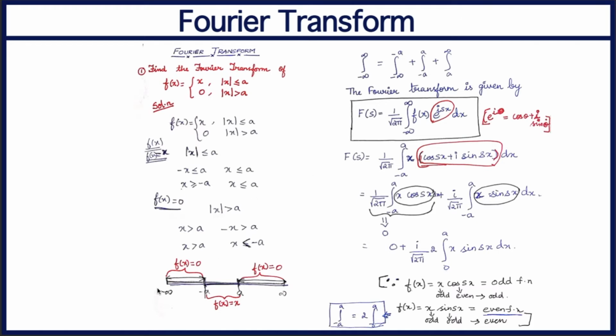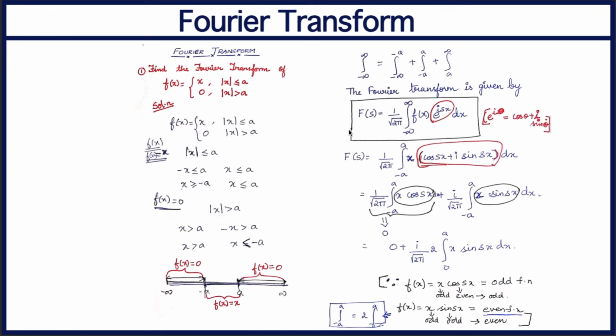And then from minus a to a, f of x is equal to x, and then a to infinity, f of x is equal to 0. So the first term and the last term won't be there, since they become 0. Only minus a to a will be there. Other terms are all 0 according to your question.